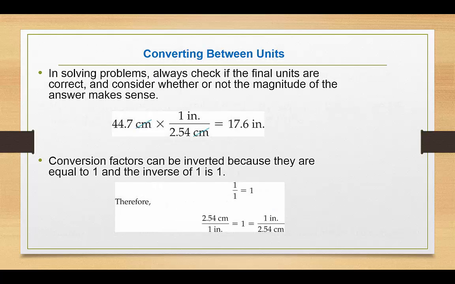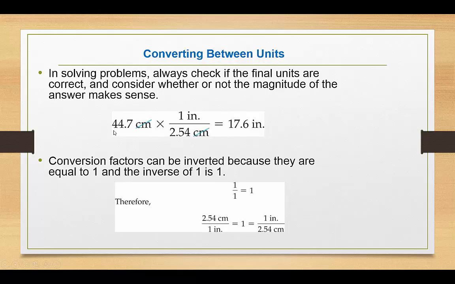Alright, so here's our example. Now when we're solving problems, it's great to use dimensional analysis, it's great to set those units up and show them canceling out. Always check your final units. Make sure the final units you're left with are the ones you want, and stop and think about, does the number make sense?